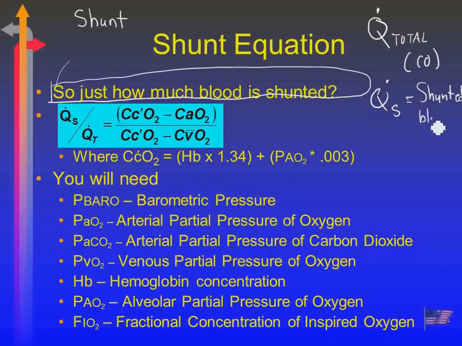If I say shunted blood, I want to find out the percentage of how much blood is being shunted, how much blood is going by alveoli that are not open compared to the total.